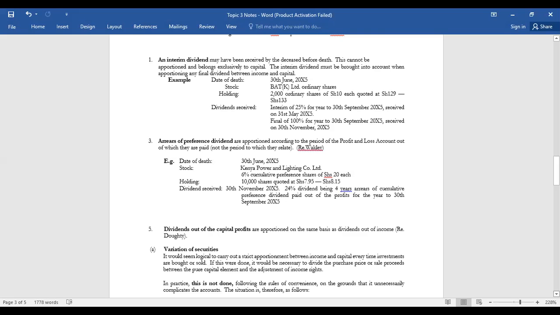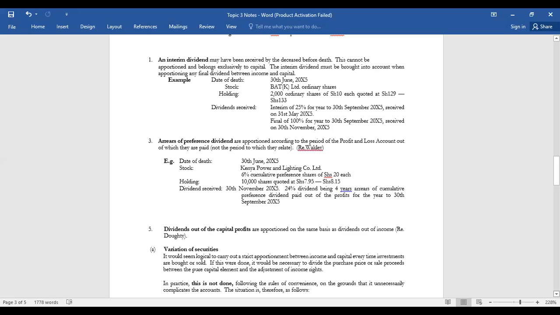Interim dividend is paid with the final dividend, isn't it? So although it was declared, it will be paid together with the final dividend. So it will not be pre-death, it will be post-death. We've been told that the deceased died on 30th June. You can see the interim of 25 for the year was declared on 30th September, so after his death.